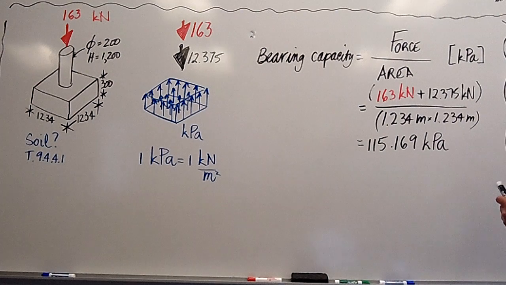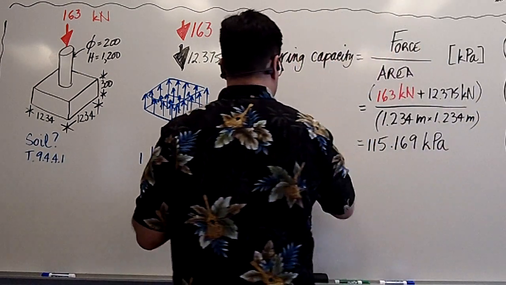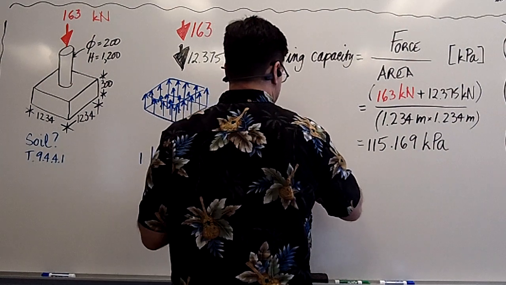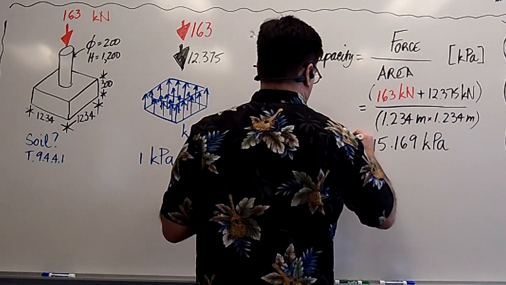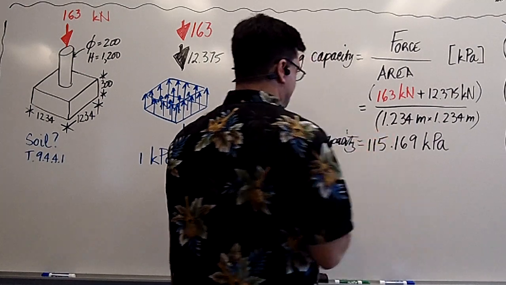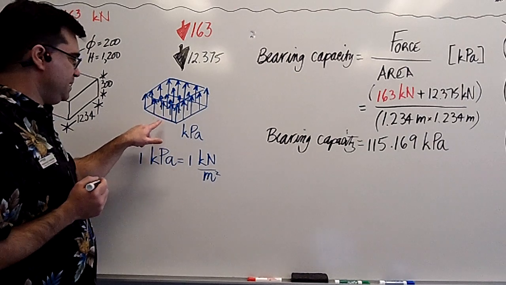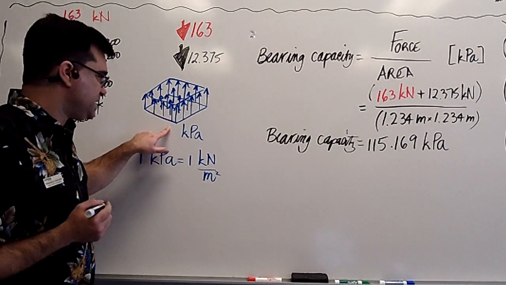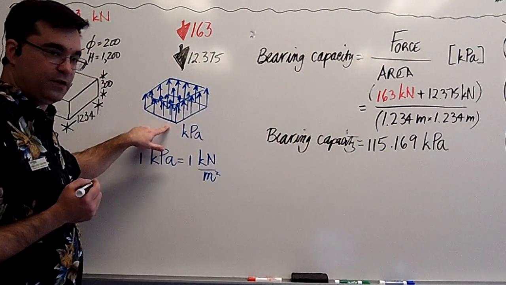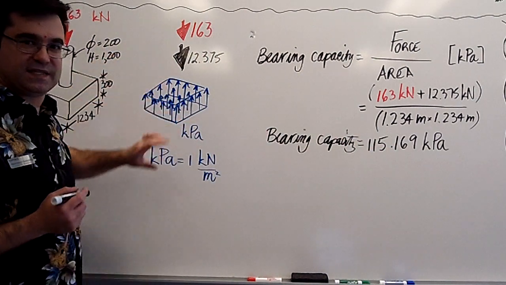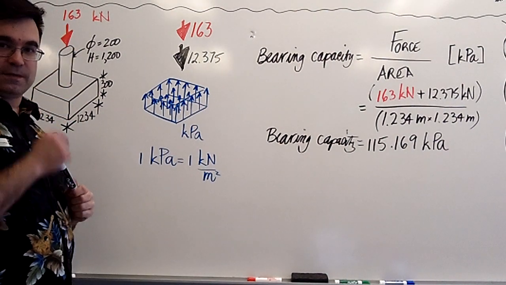No problem. Okay, now this here is the expected bearing capacity of my soil, right? That's what we expect this to be. This here is the smallest value that we can have here, so that these two balance out, given these dimensions.